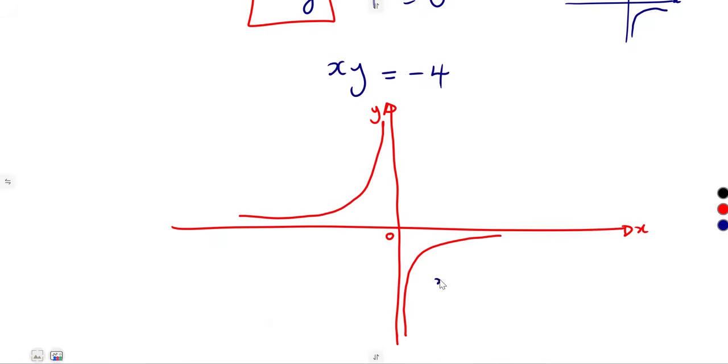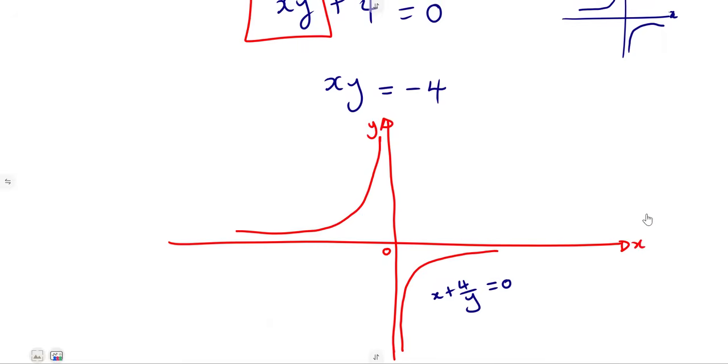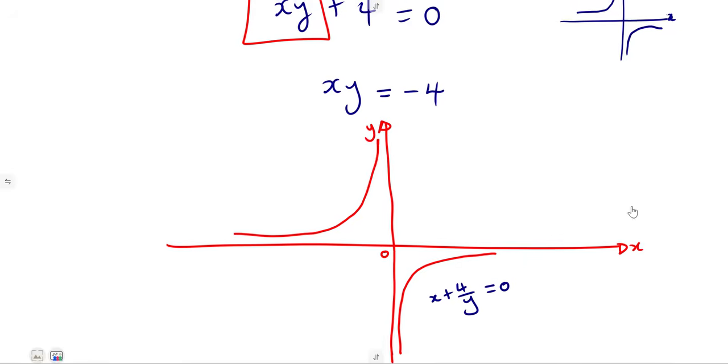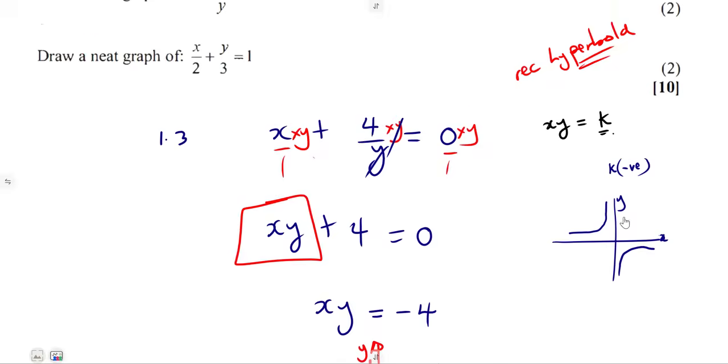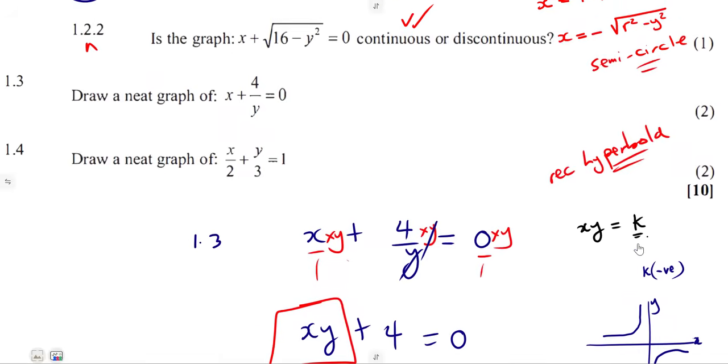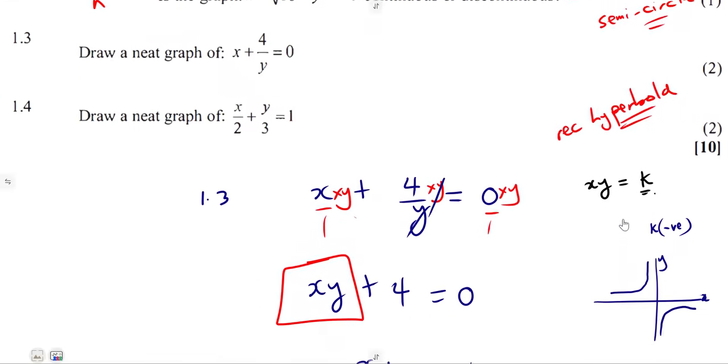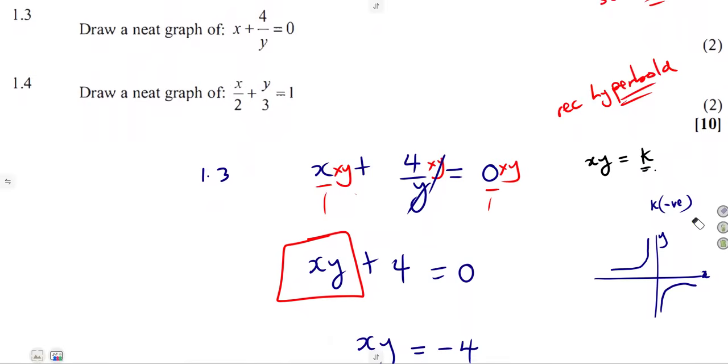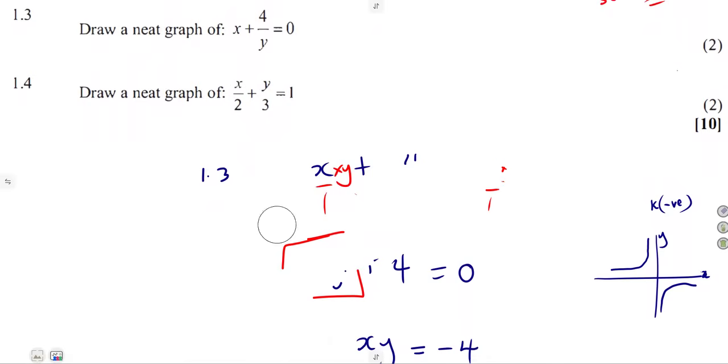In terms of your presentation, our Mathematics N4 tells us that for graphs, what is important is the shape of the graph and the critical values, where they are critical values. All right, so that is it for 2 marks. Just sketch that one. Draw a neat graph of, okay, what is it that we are given here?